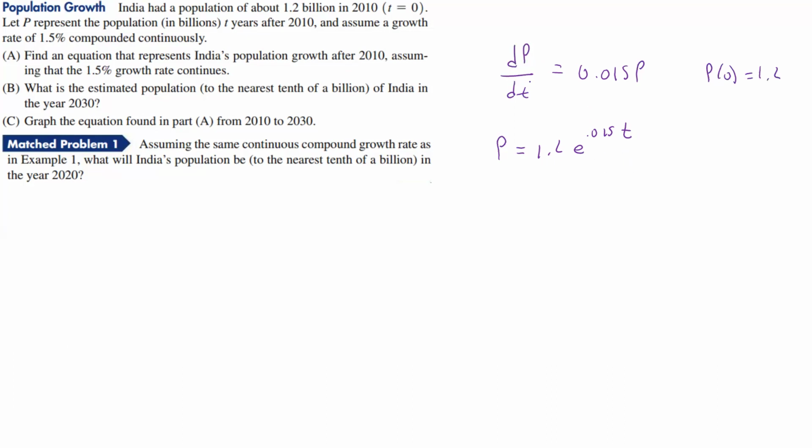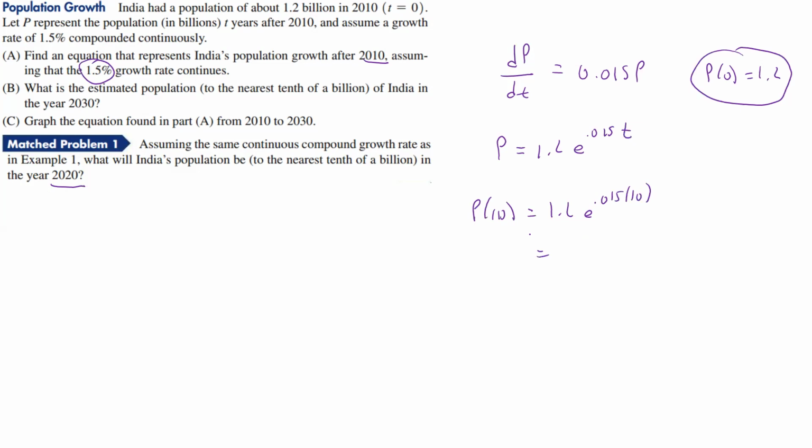Again, we could have gone straight to it using our growth rate and our P of 0. But now they want 2020, which is 10 years after 2010. So we want P of 10. That's going to be 1.2 e to the 0.015 times 10.